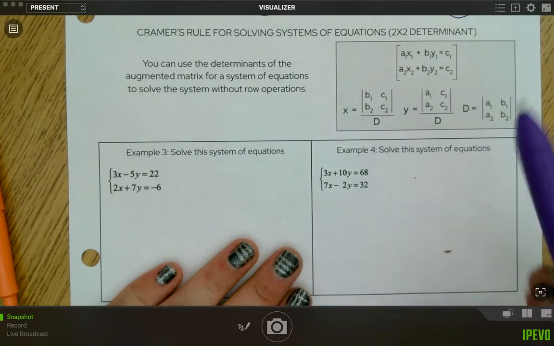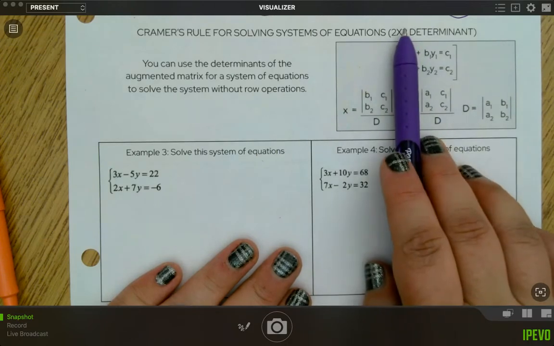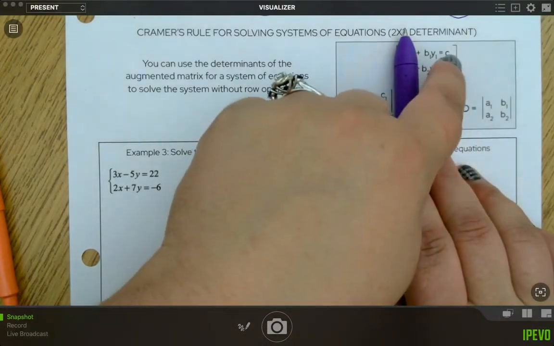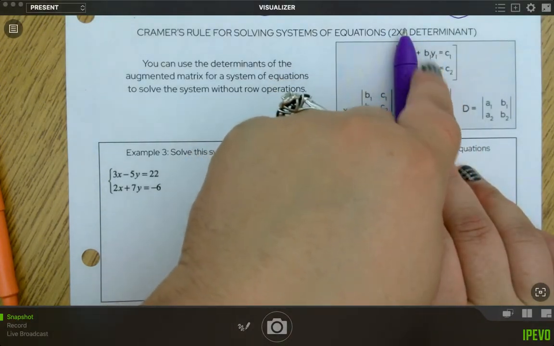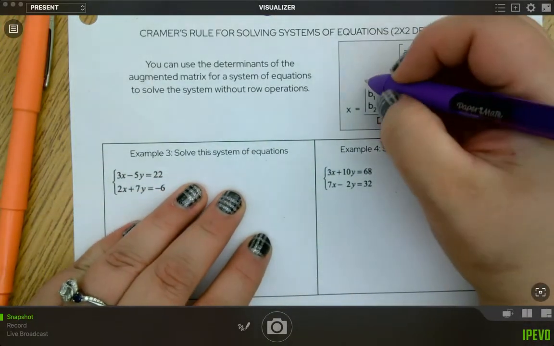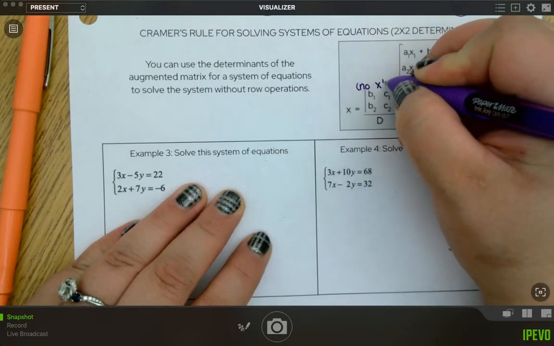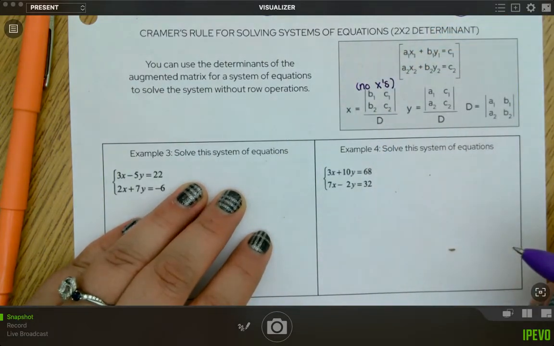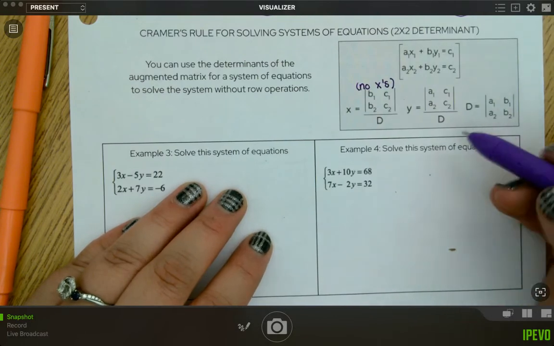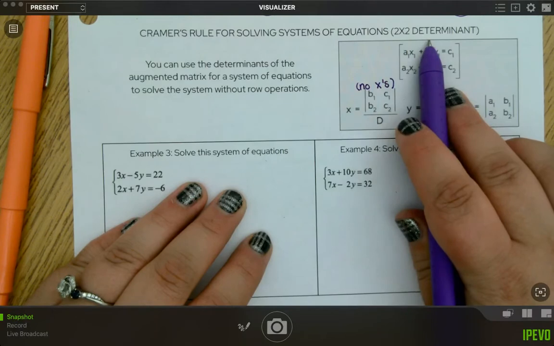by doing the following. For x, you're going to find the determinant if you cover up the x's. So you have b and the c, whatever numbers are in front of y, whatever your answers are. So basically, no x's on the top. And then for the y's on the top, you're going to cover up the y's, so you only have a and c left, like that.